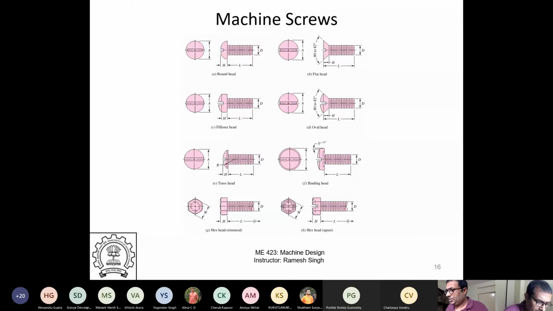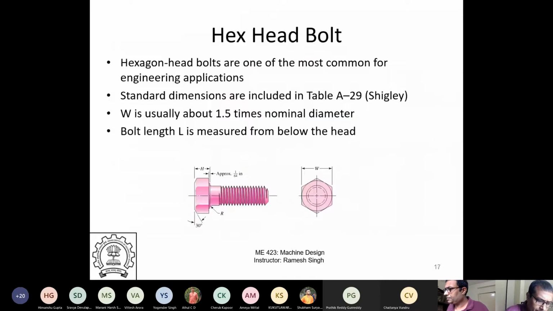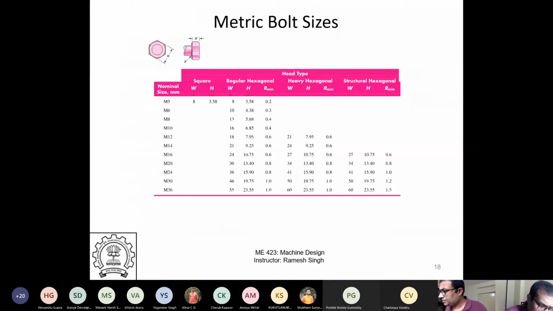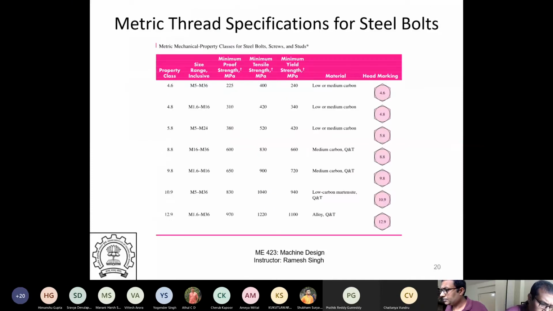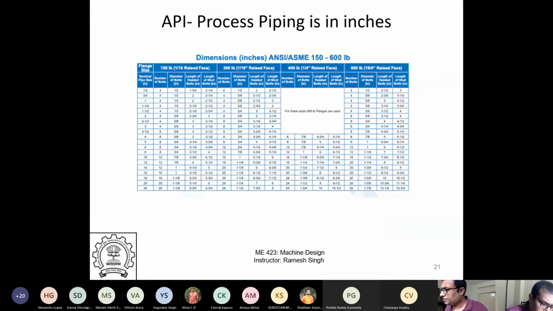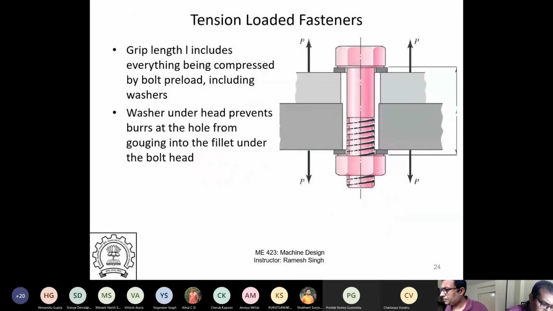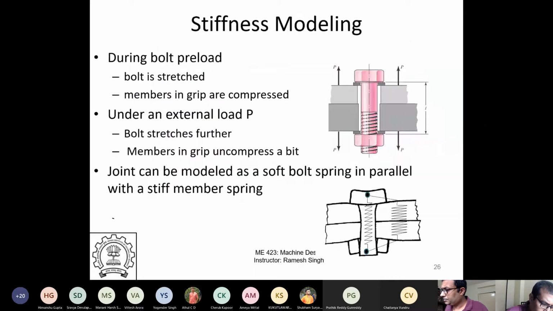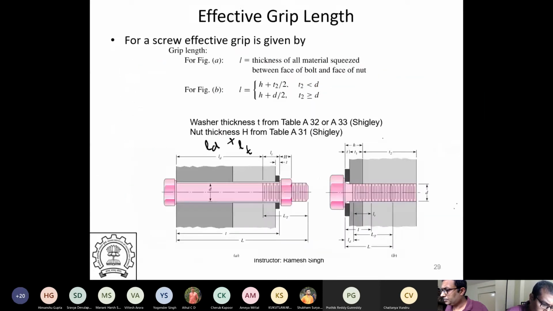So this is what you're asking: what is this H?